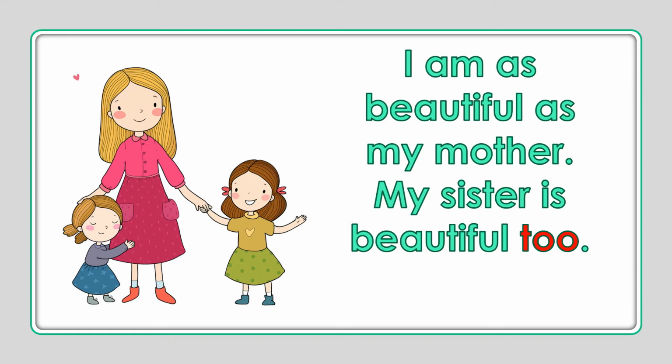Here we are talking about the same thing, about beauty. So to express addition, we use too to express that the sister is also beautiful. We only use too at the end of a sentence.